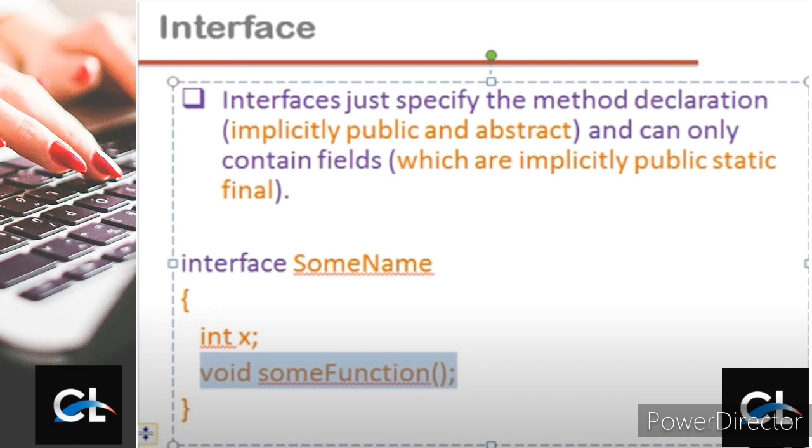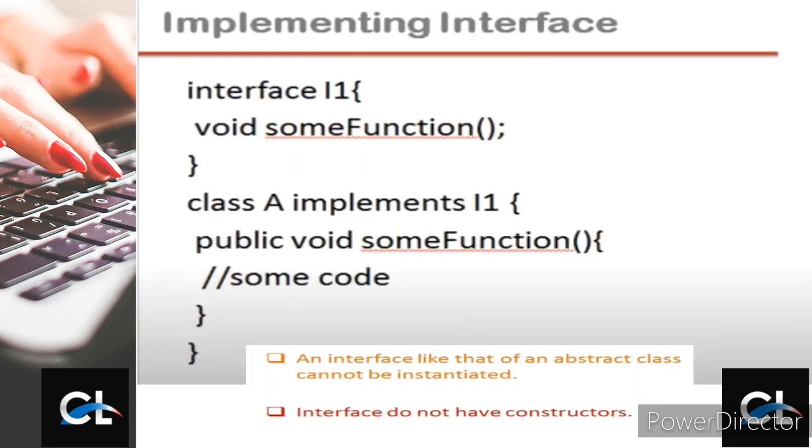How to implement this interface? Interface I1. Under this, we have one method, which is void sum function. As I told earlier, by default, void sum function is public and abstract as well. So how to implement it?